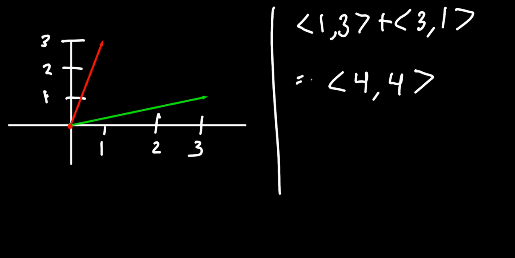Now, what is this going to look like relative to the other vectors? Let's see. If we extend things out here, I know it's a little bit not exact, but when we get this new vector, essentially what's going to happen is we're going to have a vector that has an x component of 4 and a y component of 4.